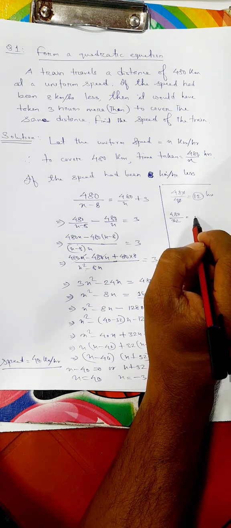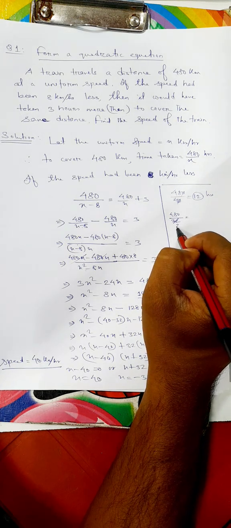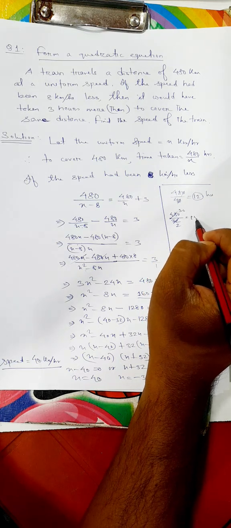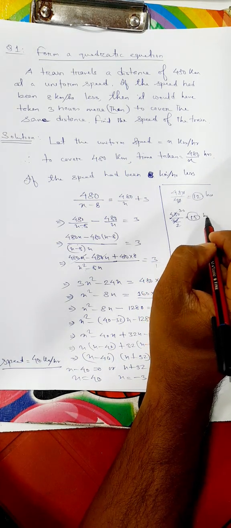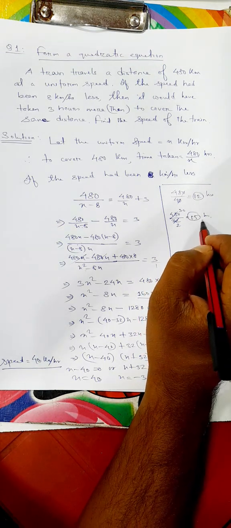So what would be the time taken? You see, it is 15. So if speed is reduced by 8 km per hour, time taken will be 15 hours.